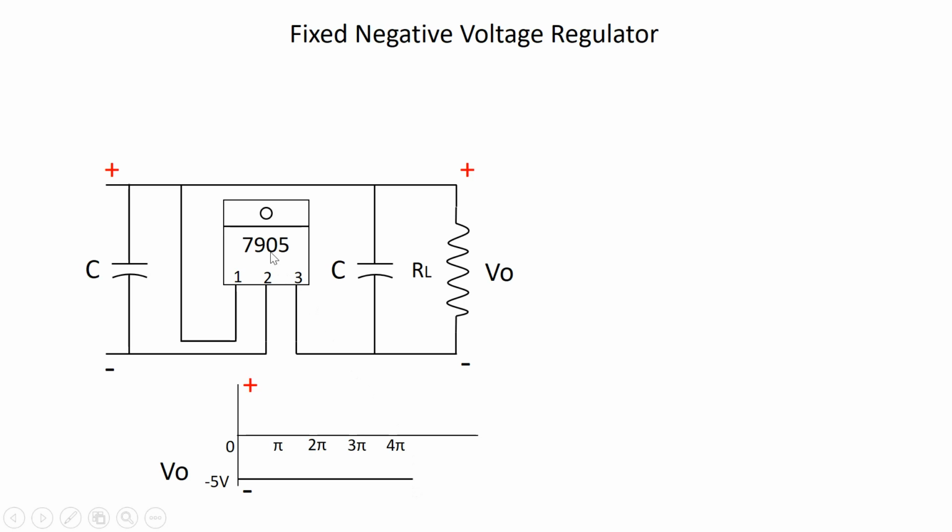The 7905 IC shown in this diagram is able to maintain a constant voltage of minus 5 volts DC across its output terminals. The same voltage will be available across the load resistance V0 with the mentioned polarity in the circuit.